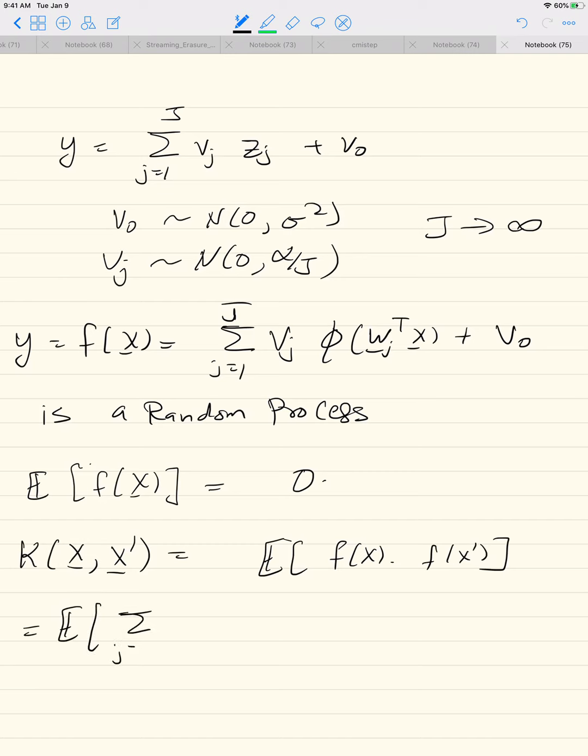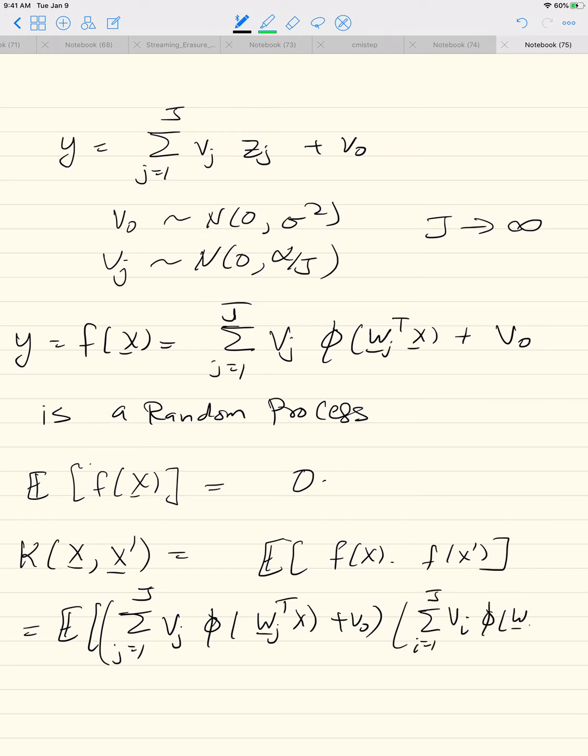This is the expected value of the summation of j going from 1 to J, Vj phi of Wj transpose x, plus V0, times the summation of i going from 1 to J, Vi phi of Wi transpose x prime, plus V0. This is what we have to compute, and it's a standard simplification.